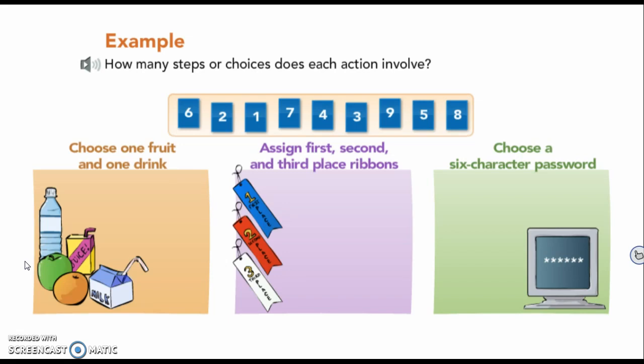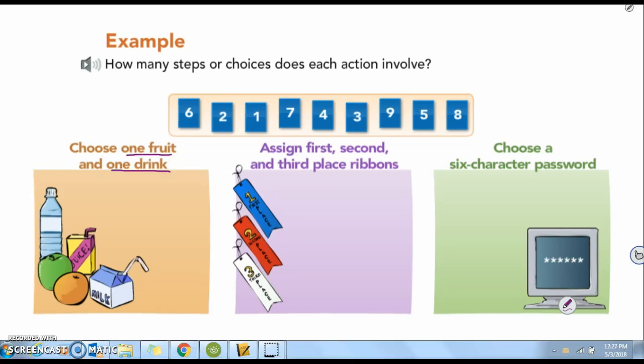For example, how many steps or choices does each action involve? If we look at our first one, choose 1 fruit and 1 drink, how many steps or choices do we have for this action? Here we are choosing 1 fruit and 1 drink, so this is a 2-step action.